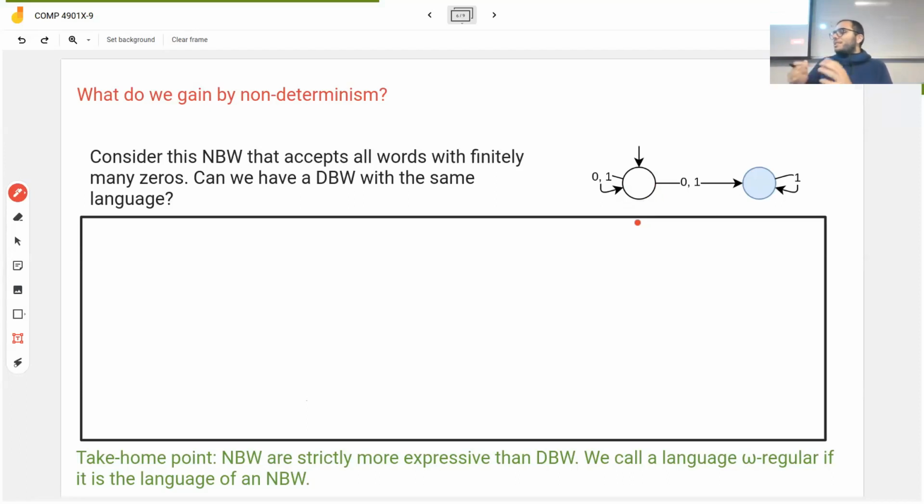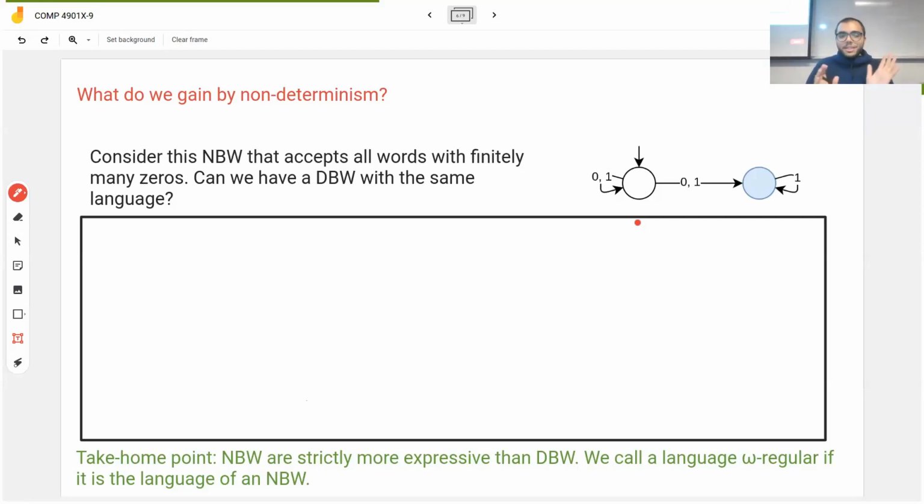You have to know that what I've read until this point contained all the zeros, and I'm not going to see any zeros in the future. But you cannot do that in a deterministic automaton, because a deterministic automaton only knows what happened in the past. It doesn't have the option of branching and saying, maybe I do this or do that. It has to make a deterministic choice based on what has happened in the past. So intuitively, we think the answer is no.